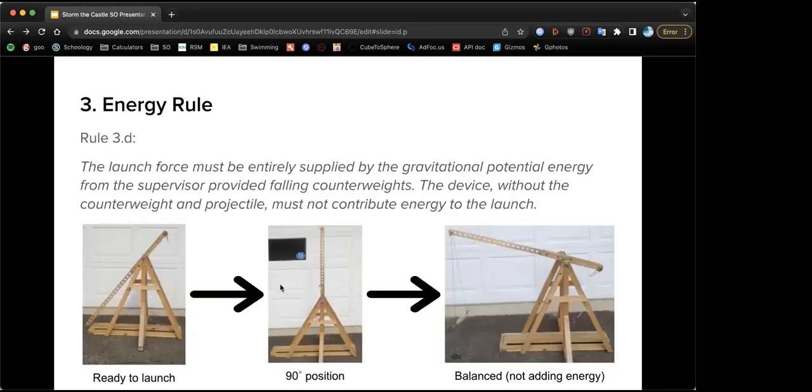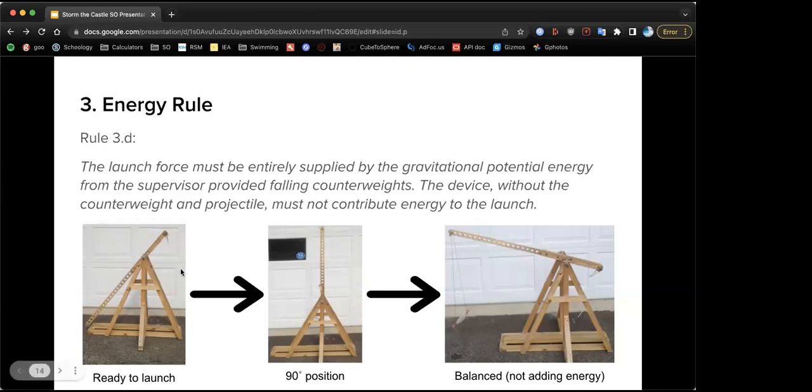So this is the energy rule straight off of the rule book, which I added to the slide so that you can get a better idea of what the energy rule actually looks like. Notice that the counterweight, the sling, the pouch, all that stuff is not on there.